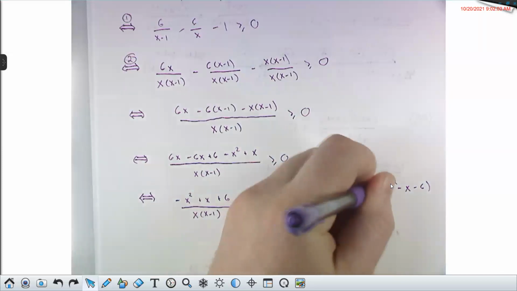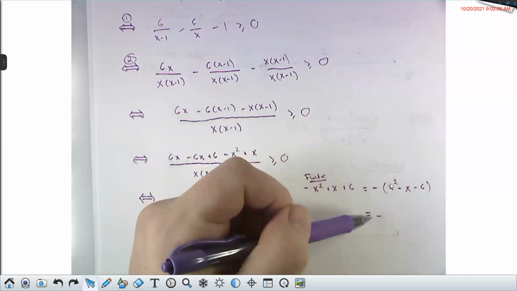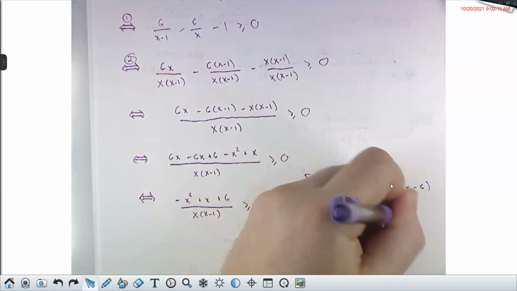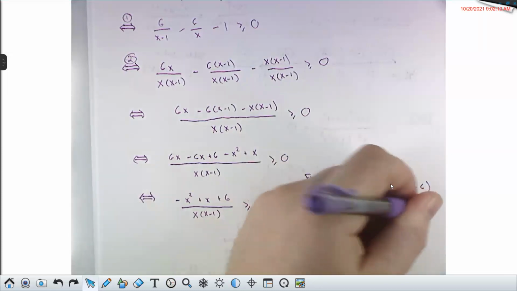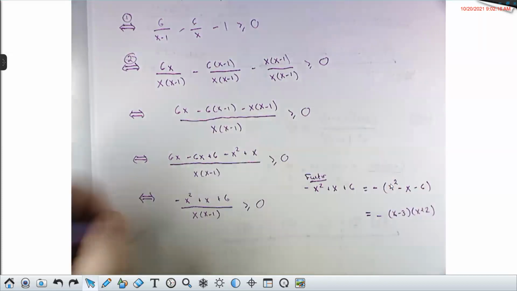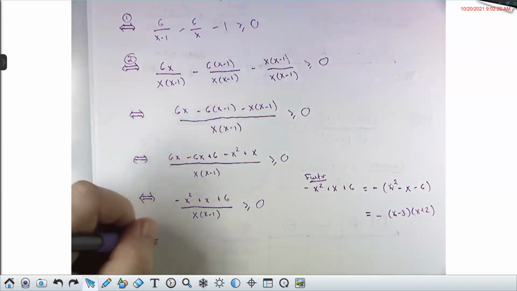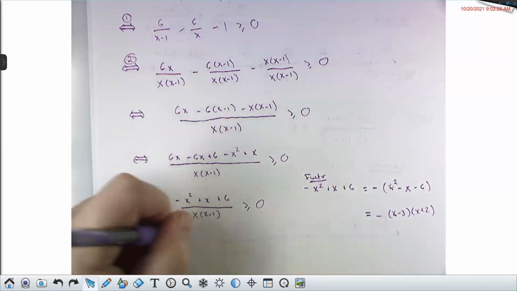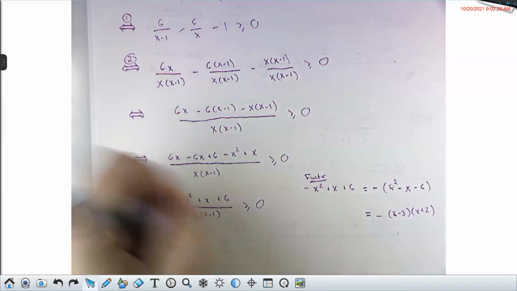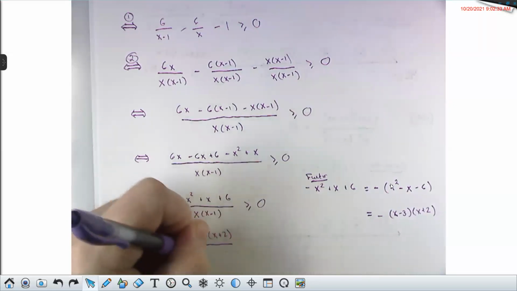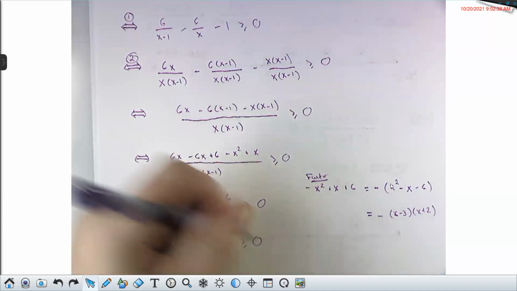So this negative is this negative. And then this piece factors as x minus 3 times x plus 2. So I get negative x minus 3 times x plus 2 over x times x minus 1 is greater than or equal to 0.